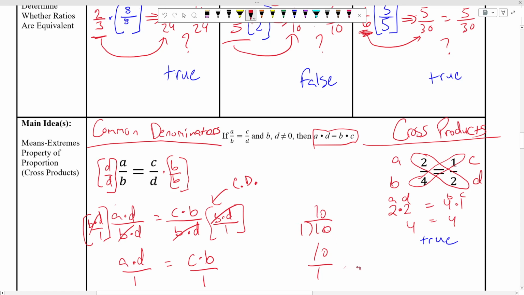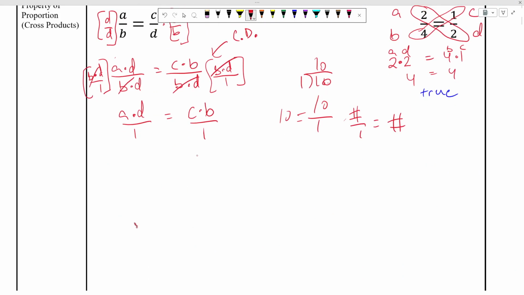In other words, any number divided by 1 is itself, right? So this here would be 10. So I can simply ignore writing this whole business, because I know it will become itself, and so now I am left with a times d equals c times b.